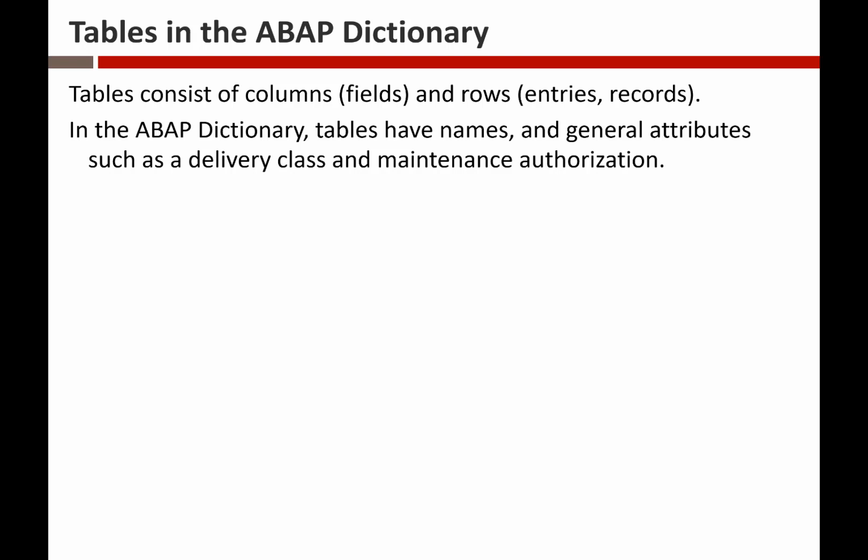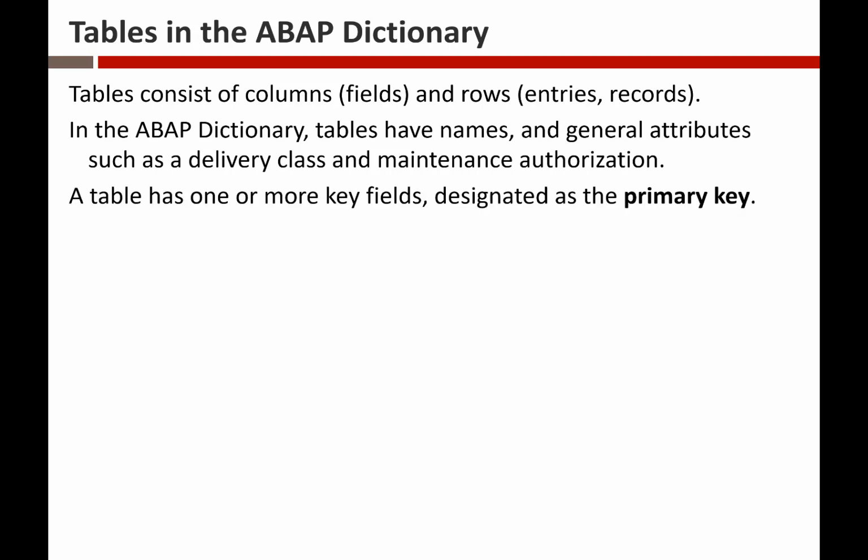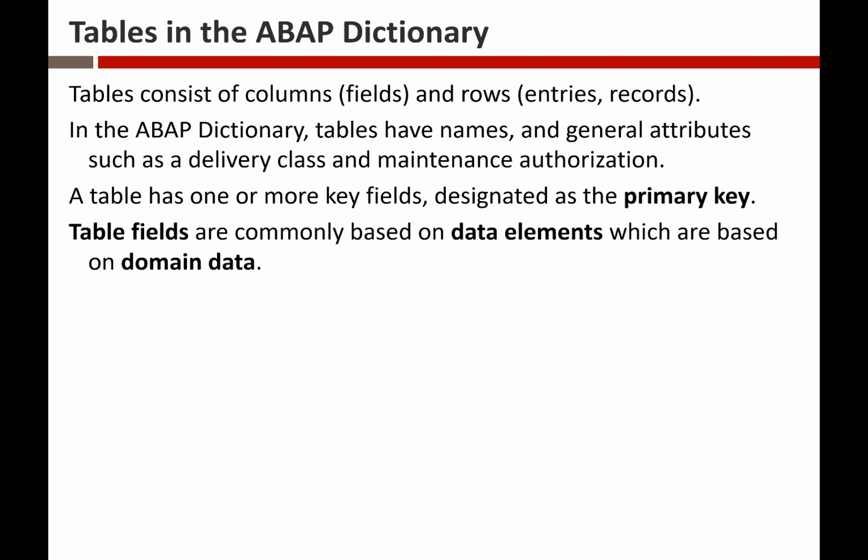But we define database tables in ABAP systems using the ABAP dictionary. Now, a table, of course, as you know from other courses, will have one or more fields designated as primary keys that have to be unique on a per record basis.